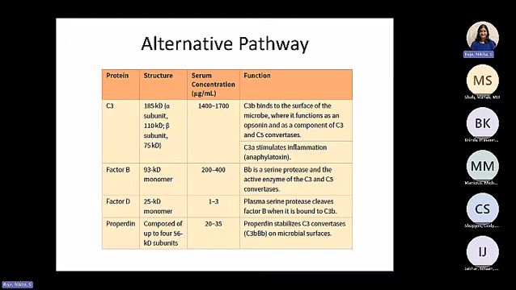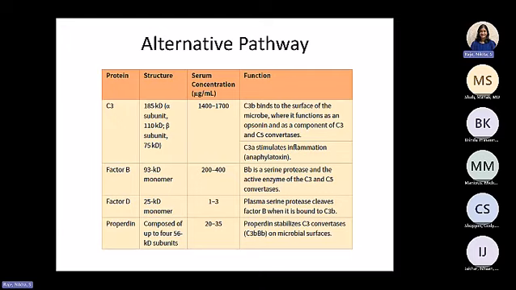That's your C3b. Apart from that, the alternative pathway also needs factor B. Bb, the activated form of B, is a serine protease. And so it helps in formation of those active enzymes of C3 and C5 convertase, right?